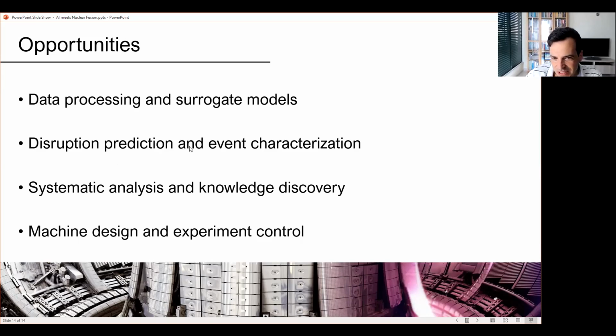Using such predictions, we can also try to characterize those events, and use these prediction models to know exactly what precedes those events and what might be a cause for them. So there is a lot of potential in using predictive models, not only to predict something that is going to occur, but to try to understand why it will occur.